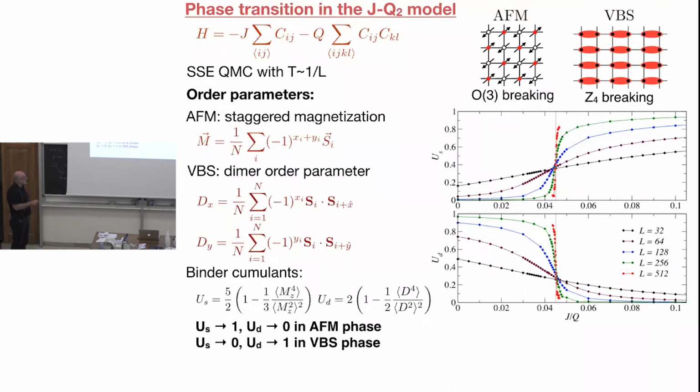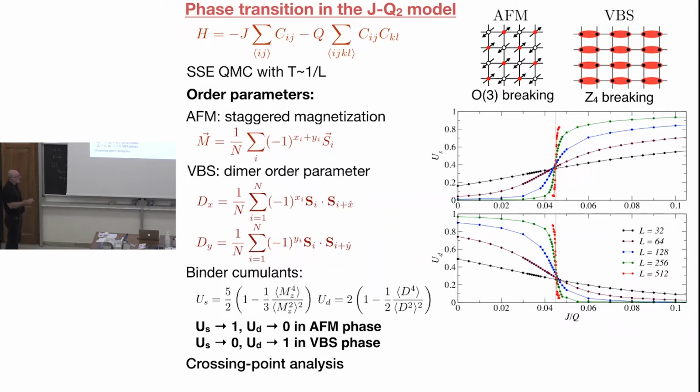You see that these become steeper and steeper as the system size increases, because in the thermodynamic limit we expect them to become perfect step functions. And as far as my eye can tell, these steps happen at the same point, right? So this is fully consistent with a single transition where both these order parameters vanish.